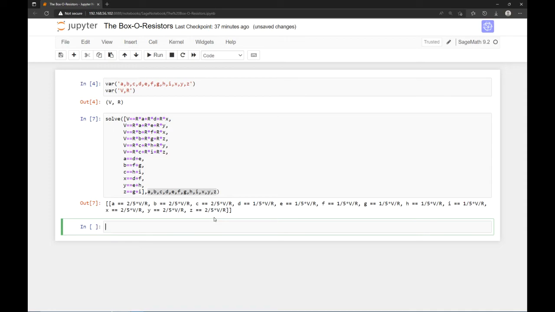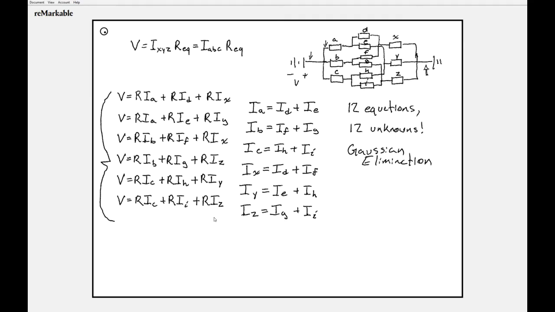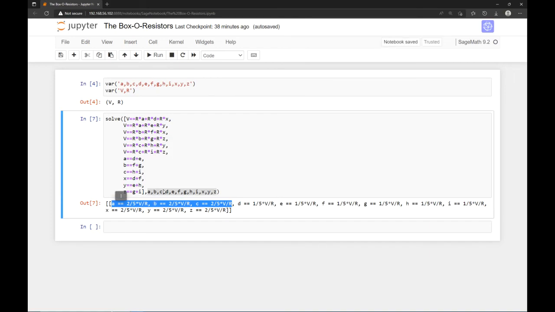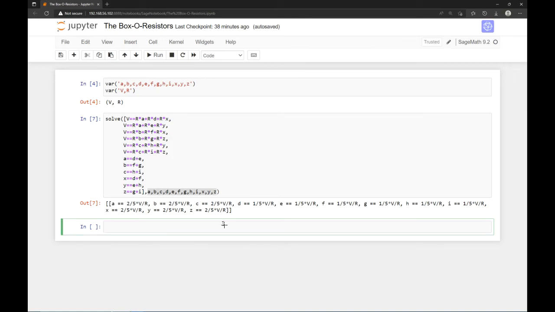And with that in place, recalling this fact that the total current and the input voltage will give us the equivalent resistance, we'll just add up the given input currents.